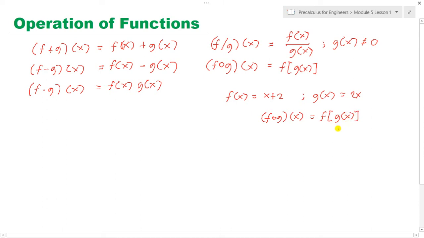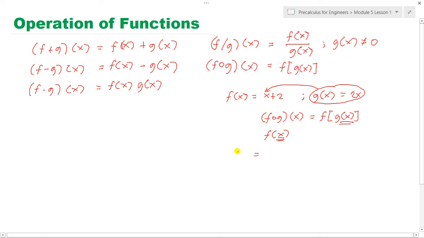So therefore, again, when we go back to our notation, when we say f of x, what is inside the parentheses should be the value to be substituted in our function. So since the inside of the parentheses in our function f is g of x, the entire g of x should be substituted to the x in the function f.